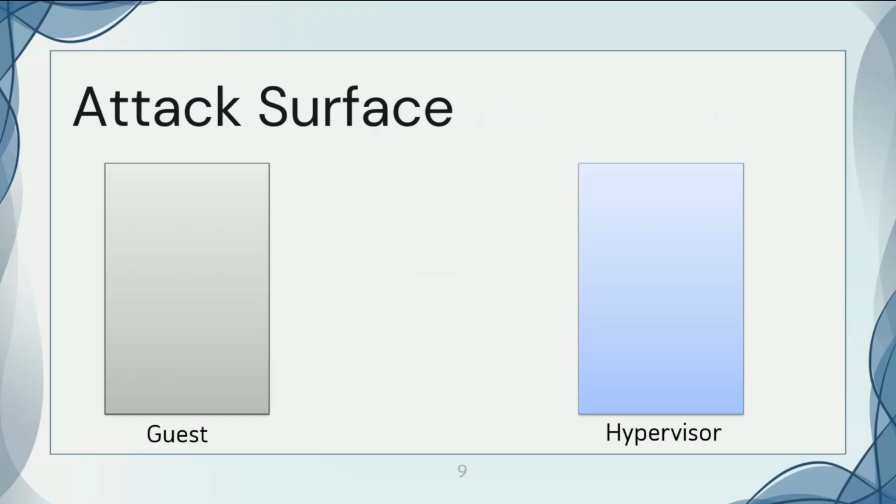So let me briefly show again what the attack surface is and how that causes a problem. We have our guest virtual machine on the left, our guest operating system, and our hypervisor on the right. In the threat model, we are assuming that the guest operating system is malicious, so everything it does is attacker controlled.